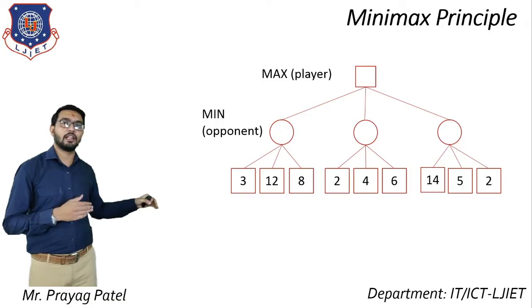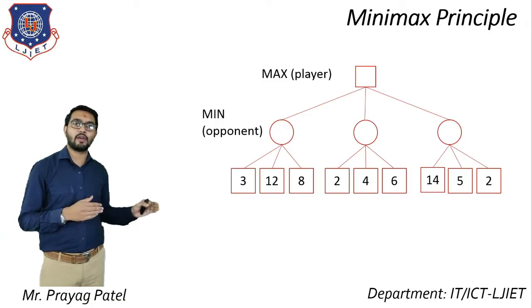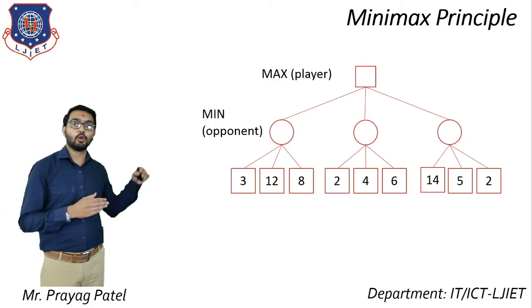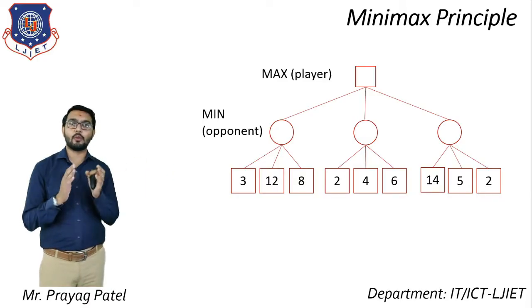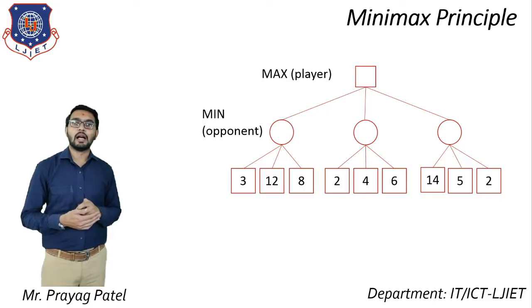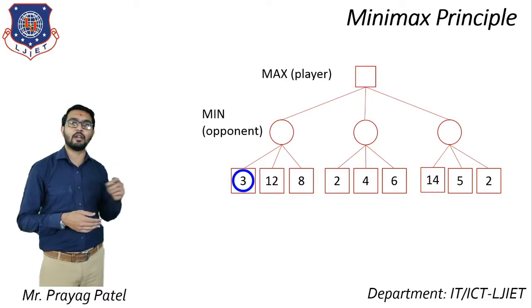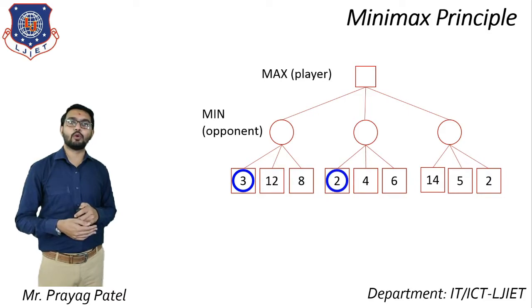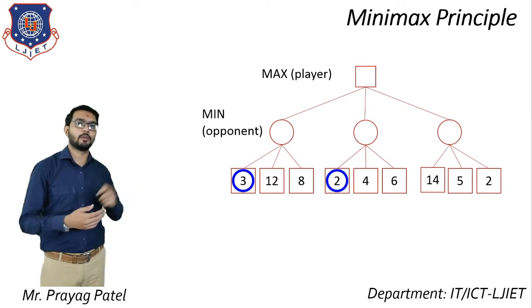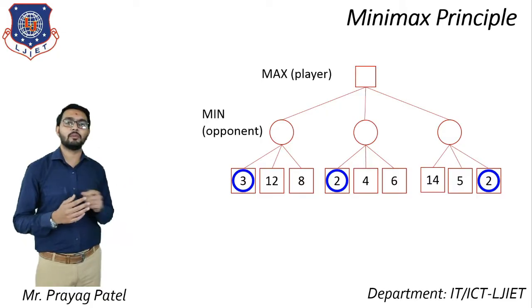Here consider the third level with values 3, 12 and 8. Now the parent of these three elements is a min player, meaning the opponent. Then the opponent considers the minimum value out of these three, meaning value 3 is the minimum. For the second node consider the value 2 as the minimum. For the third possibility consider the value 2 as the minimum.